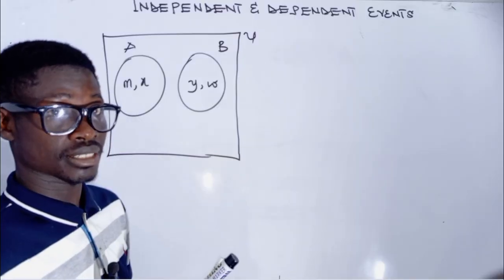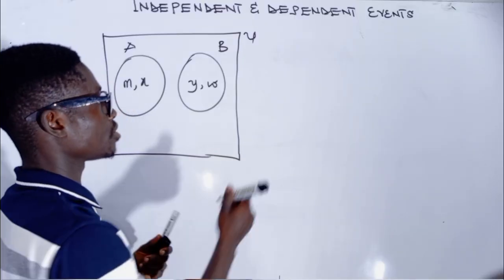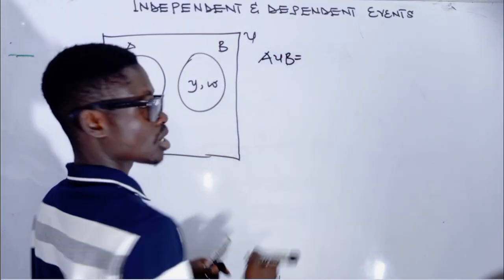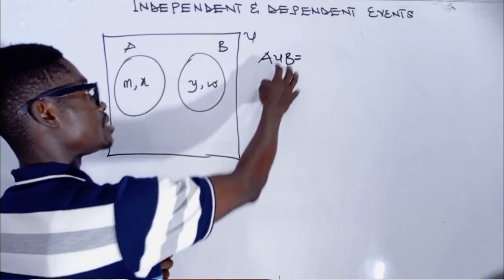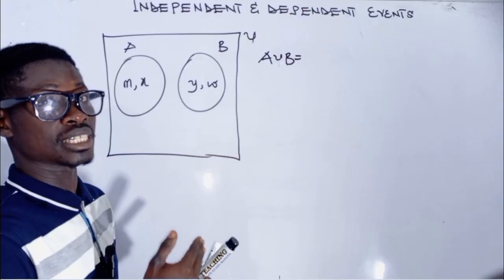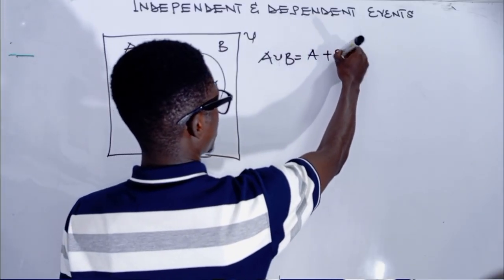Good. If they ask us to find A union B, we want to find a set of what? A union B. Now, when they ask us to find A union B, it means we have to put the elements in set A and then set B together. So you can write it as A plus B, right?